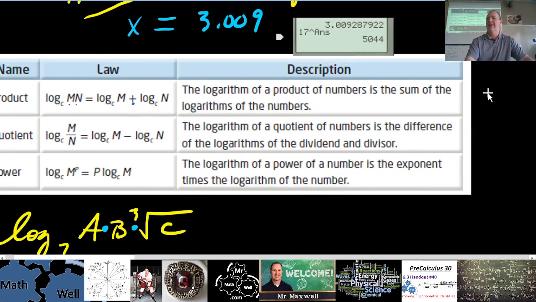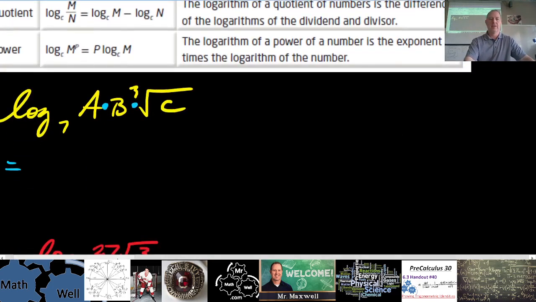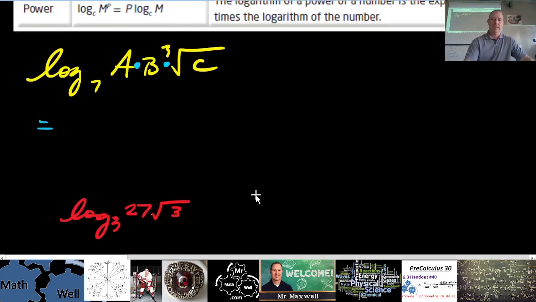Got it? All right. Let's do another couple examples here, and then I'll set you free on your own assignment, so you can do this all on your own. Okay, so if I was to take something like this and rewrite this in terms of the properties.